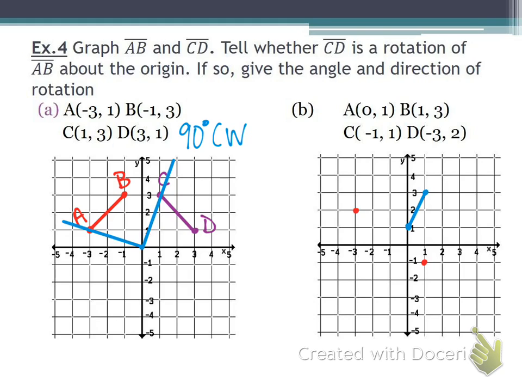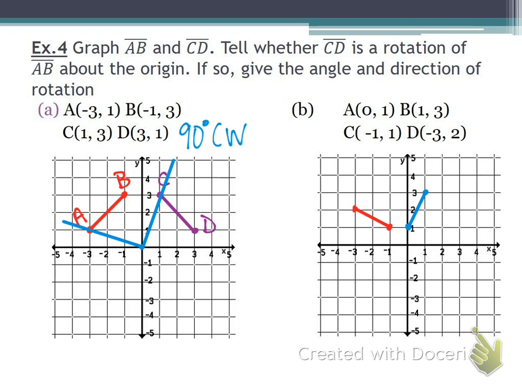What? It's negative 1. Oh, you are correct. Switched them around. Negative 1, 1. Negative 3, 2. That looks better.